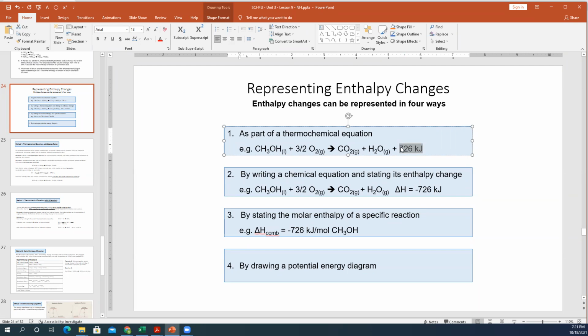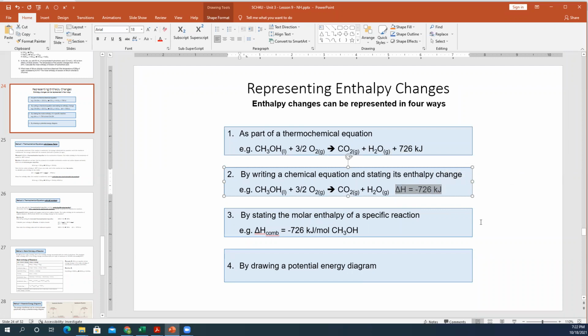And because it's an exothermic reaction, it produces heat. This delta H can be written following a plus sign, in the product side of the reaction, because it's a product that's being produced. You can also just write your chemical equation and leave some space, and to the right side, write that the delta H value is equal to negative 726 kilojoules.